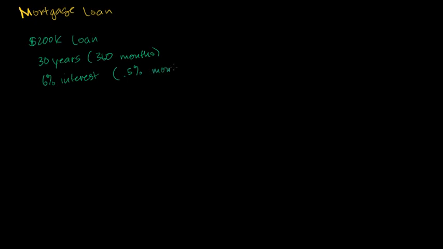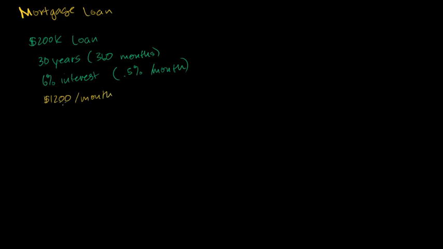Now, normally when you get a loan like this, your mortgage broker or your banker will look into some type of chart or type the numbers into some type of computer program, and they'll say, oh, okay, your payment is going to be $1,200 per month.